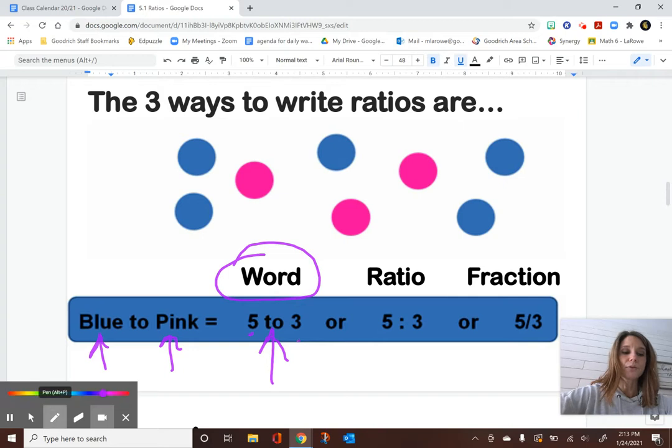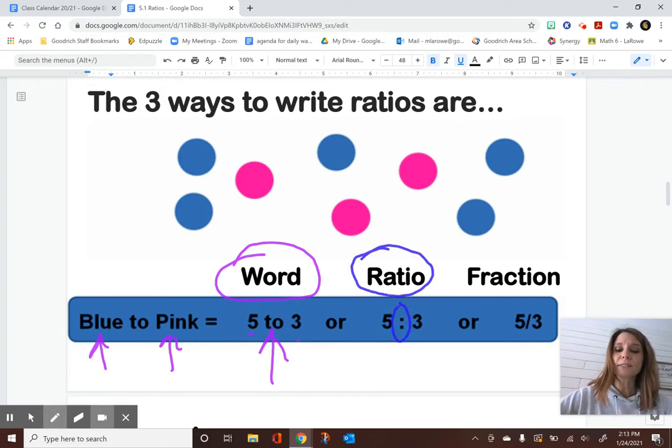Another option, though, is we can use the ratio form. The ratio symbol is the colon, and so we would read this as 5 to 3. So although it says the word to, we swap out the word for the colon symbol.